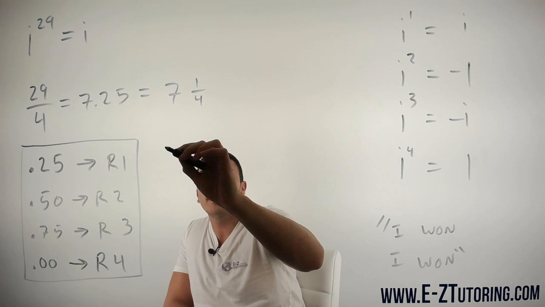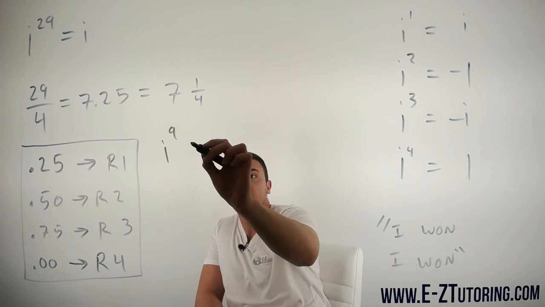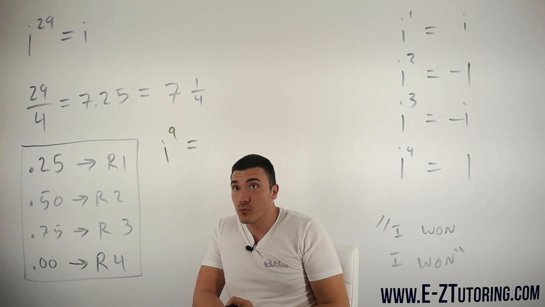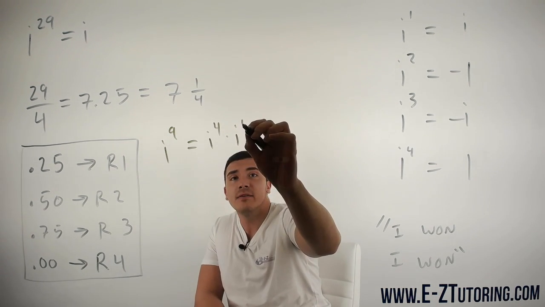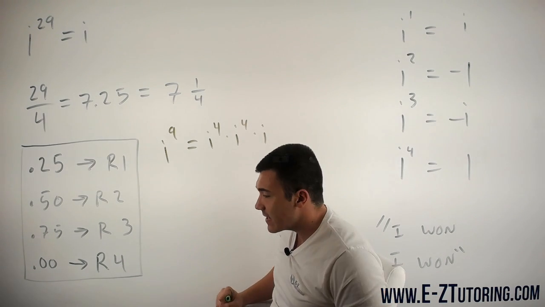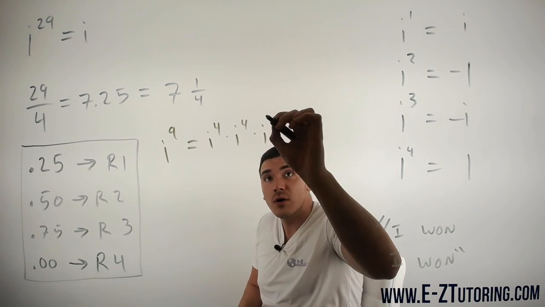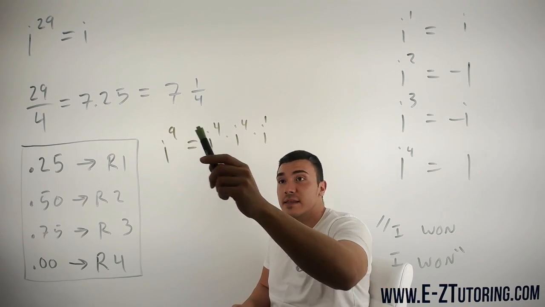Let's say that we have i to the power of, say, 9. Using some exponent rules, I can rewrite this as i to the 4 times i to the 4 times i. Do you guys agree? Take a second to think about this. Because all your exponents, you have to add them. 4 plus 4 plus 1 is 9.